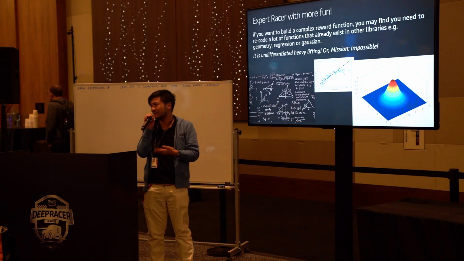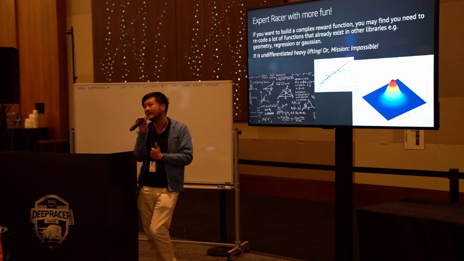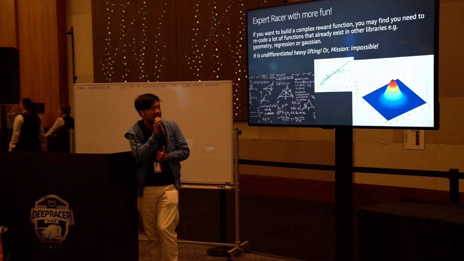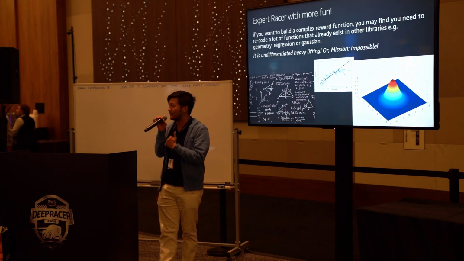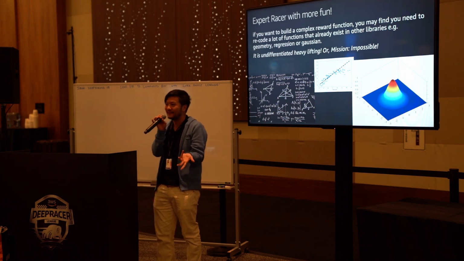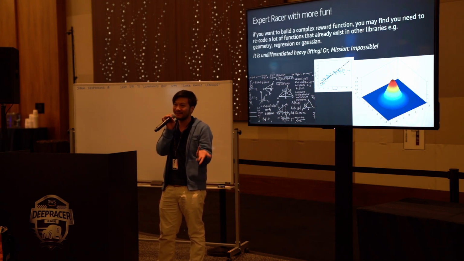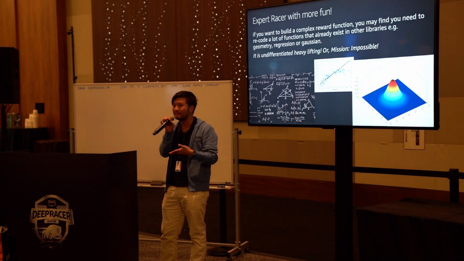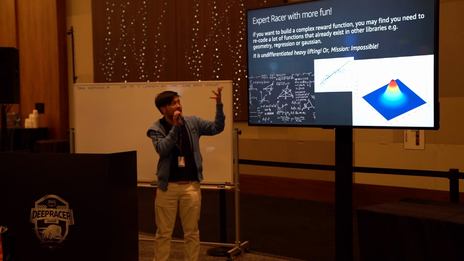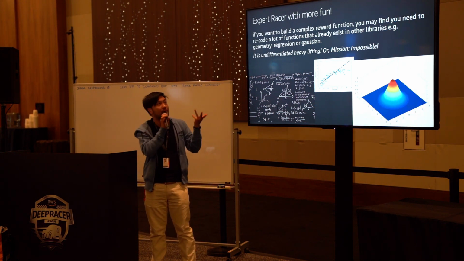As you know, you want to do some calculation to make your reward function do something complicated. For example, I want to do regression. Can you write regression yourself? It's impossible, to be honest. You should not write regression yourself in the reward function. You need 1,000 lines of code, and it may not even work. We also do a lot of very complicated geometry calculation.